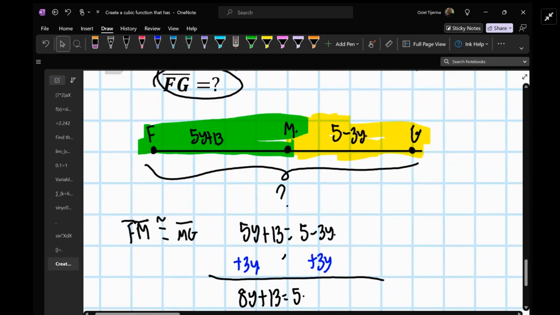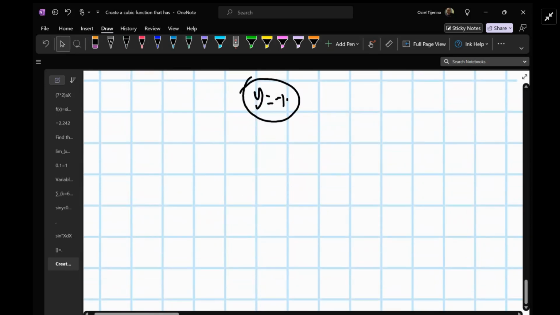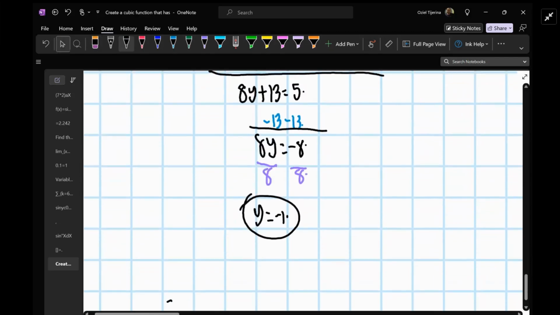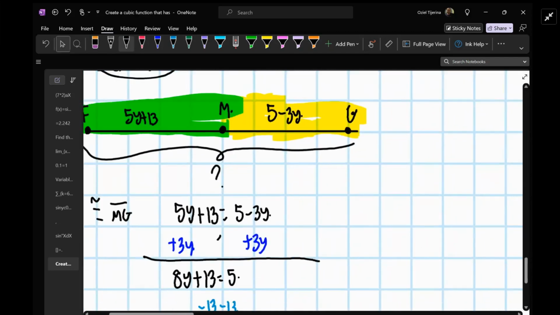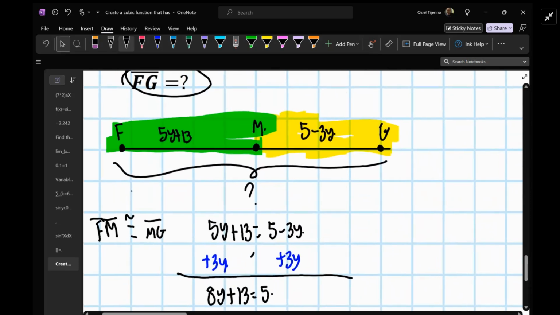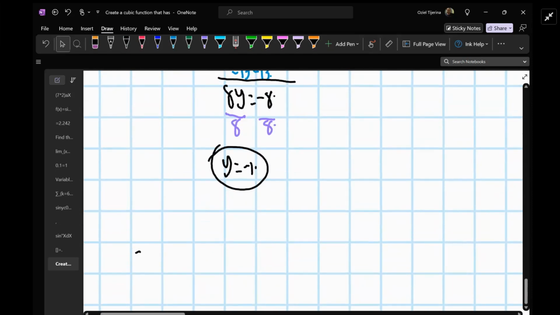So what you would do is, line segment FG is really the addition of line segment FM and line segment MG. Like I said, this entire thing with the question mark is FG. So line segment FG is equal to line segment FM plus line segment MG, right?